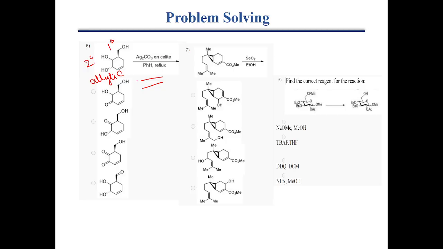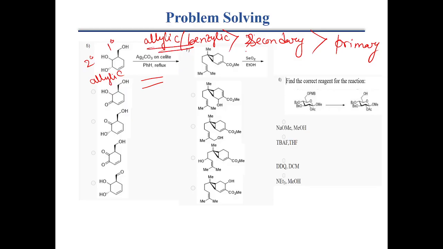So for silver carbonate, the reactivity order is allylic or benzylic, much greater than secondary, much greater than primary. So first allylic and benzylic alcohol oxidize, then secondary alcohol, then primary alcohol. So the right answer is this one here.